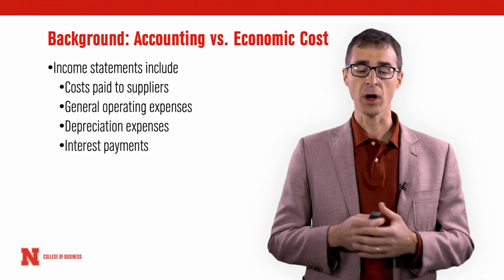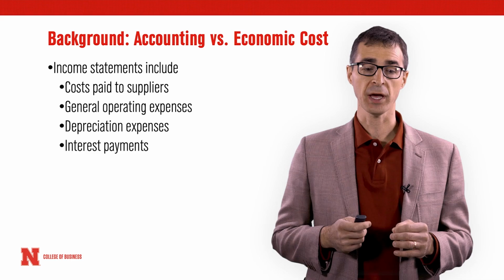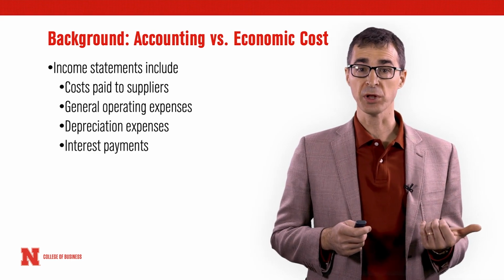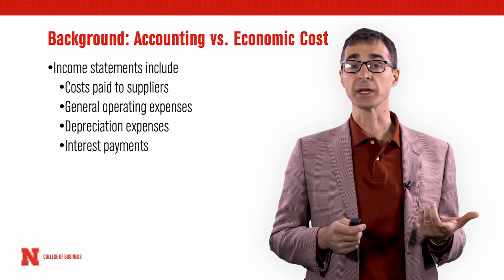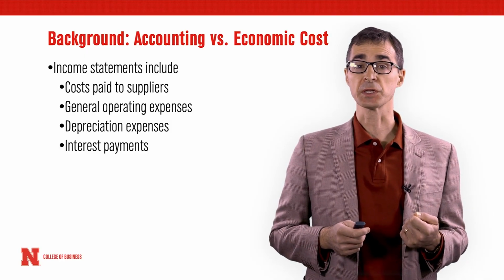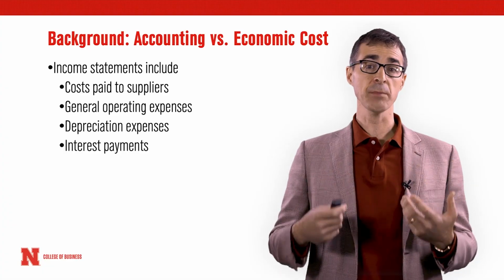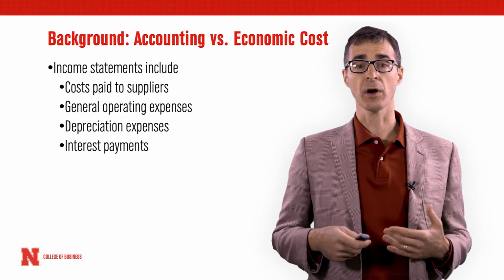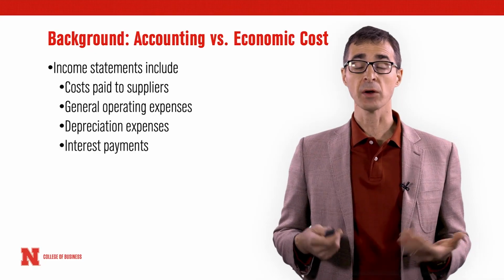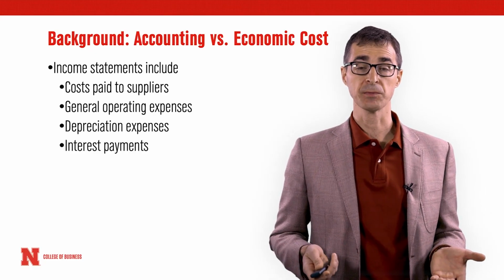Well, accounting costs tend to recognize explicit cost items: costs paid to suppliers for the input goods, general operating expenses, depreciation expenses, interest expenses, which are the cost of the capital borrowed from the bondholders or debt holders. All of those are explicit expenses, and all of those expenses show up on a firm's accounting income statement.